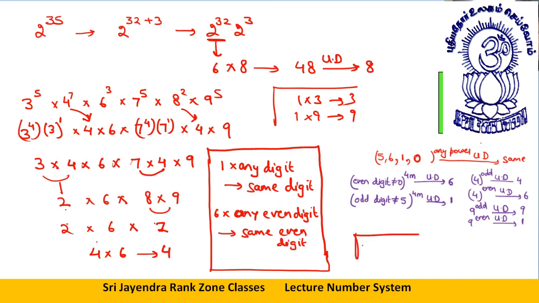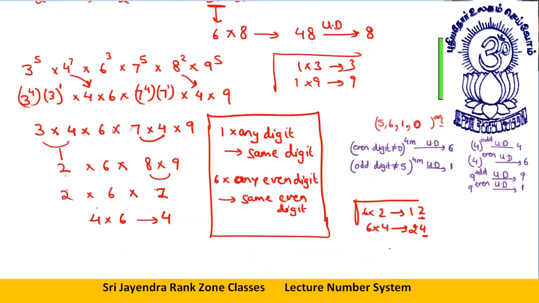Just check this: 6 into 2 gives you 12, 6 into 4 gives you 24, 6 into 6 gives you 36, 6 into 8 gives you 48. You get the same digit. I'm sure it must be clear to all of you.